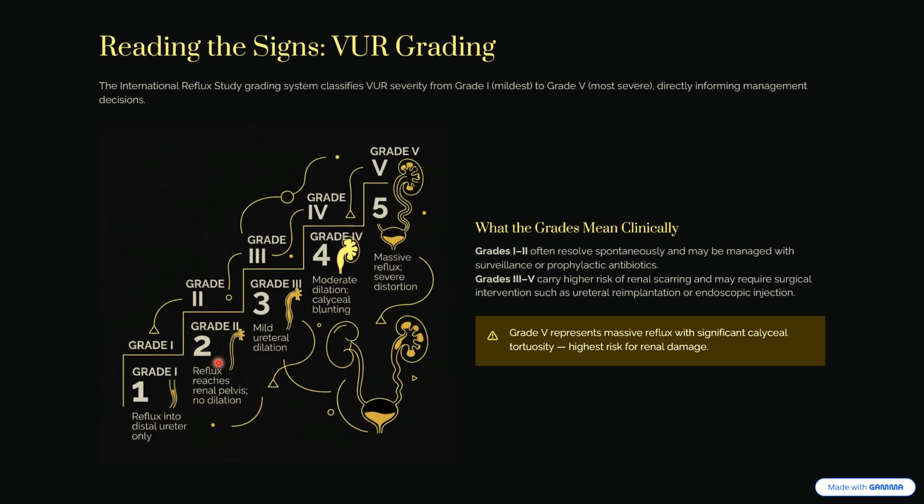These two can be managed with the help of antibiotic prophylaxis. But beyond that, grades 3, 4 and 5 indicate that the problem is very serious and might need surgical intervention or ureteral reimplantation, etc.